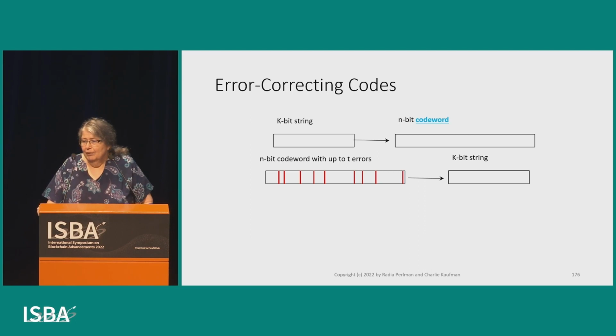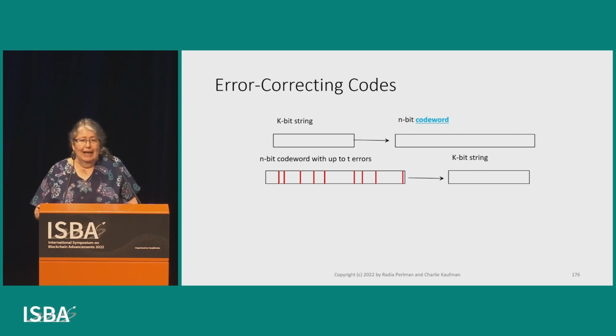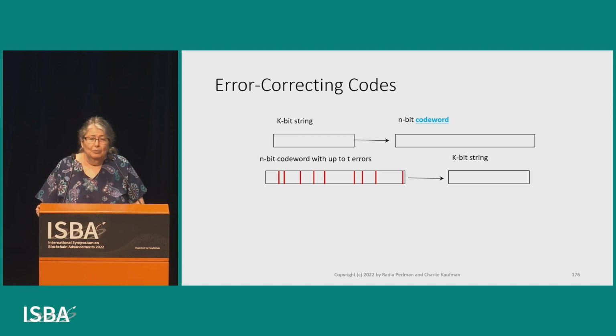So you take a k-bit string and convert it to a code word, a bigger string, and then you can mangle it by adding errors to it. And the second function can figure out where the errors are in order to then be able to recover the original string.